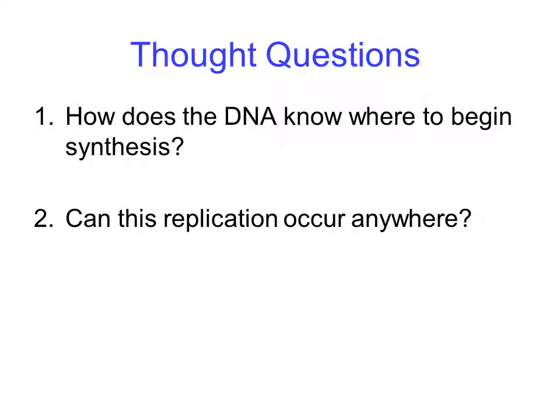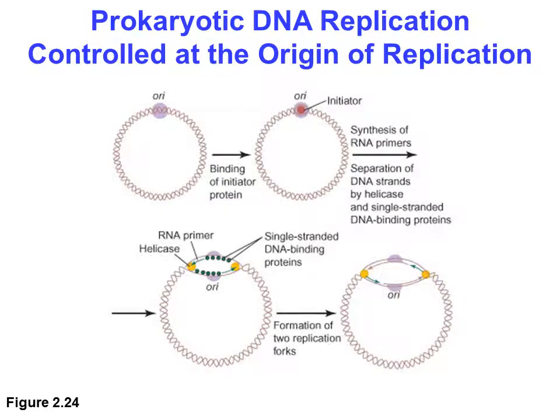So one question to think about is, how does the DNA know where to begin DNA replication or DNA synthesis? Can this replication occur anywhere throughout the chromosomes? It depends upon what you're talking about. Are we talking about prokaryotes or eukaryotes?